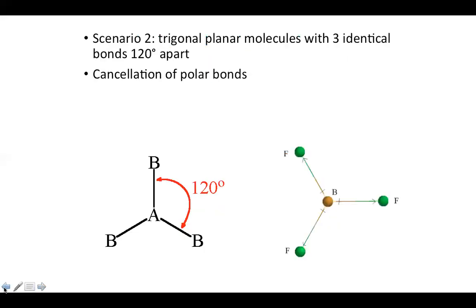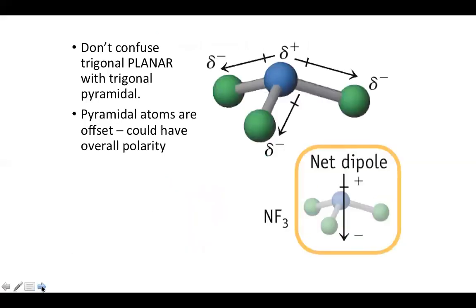Now, the molecules don't have to be linear to be nonpolar. For instance, we could have trigonal planar molecules, and as long as it's the same atoms bonded on the outside, the same outer atoms, then those poles will cancel one another out, and it would give a nonpolar molecule.